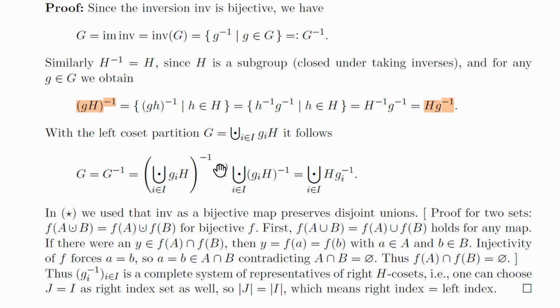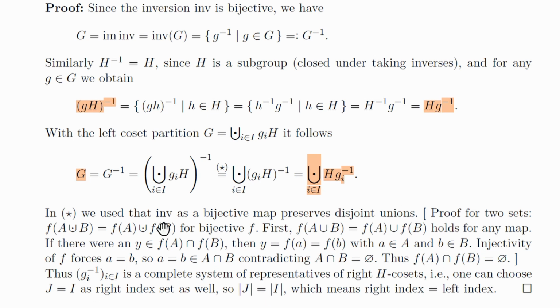And now we will explain this in a minute: bijective maps preserve disjoint unions. So this is the same as the disjoint union of these images of the cosets under inversion. And as we just showed, this is nothing but the union of g_i inverse H, which gives me that G can be written like that. And this is exactly a partition of G into right cosets.